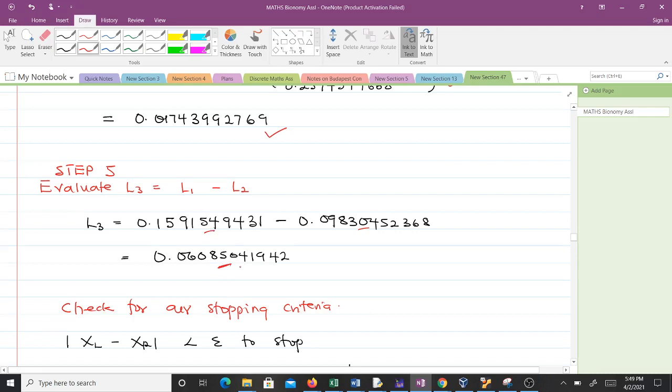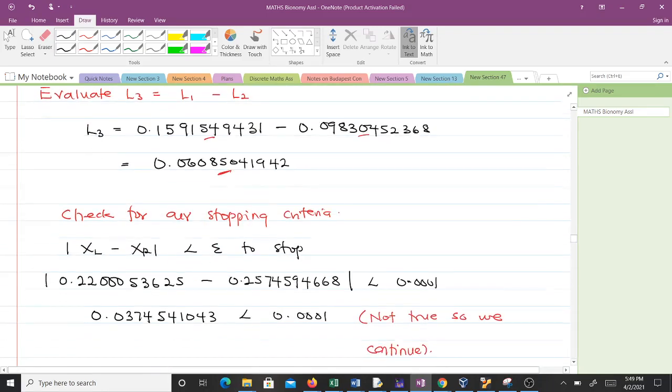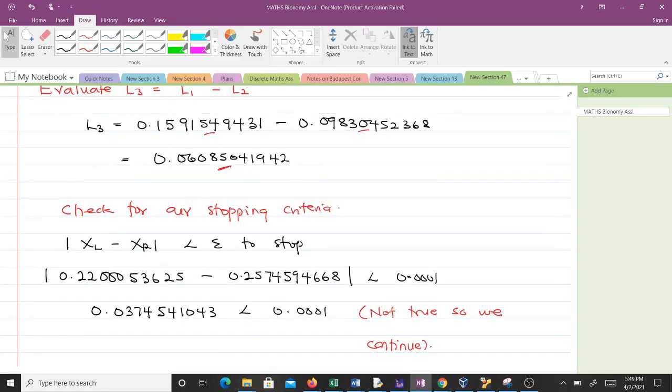After doing that, we have to check to see if the stopping criteria is met. If it is not, then we have to continue with the iteration. For the stopping criteria, the absolute value of xl minus xr should be less than epsilon.